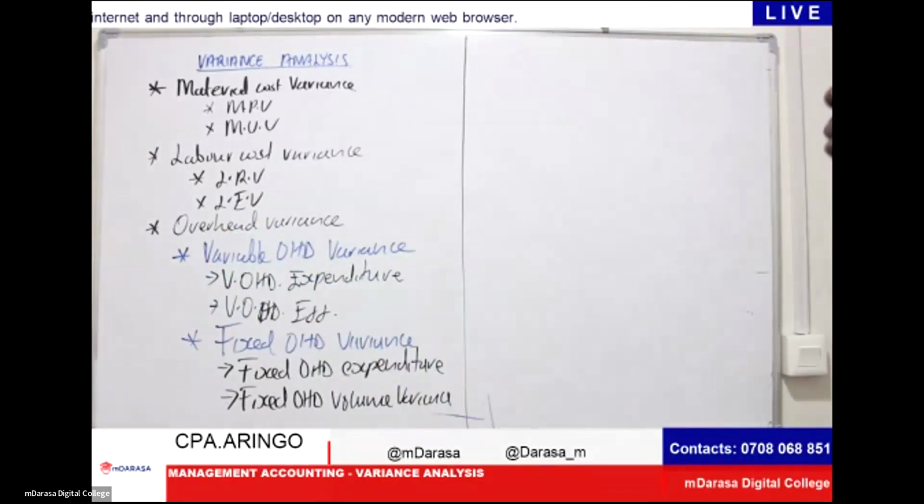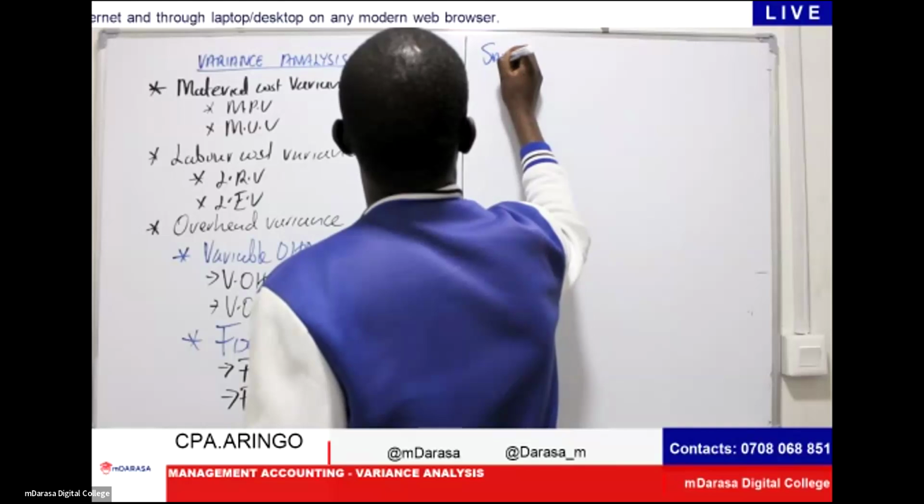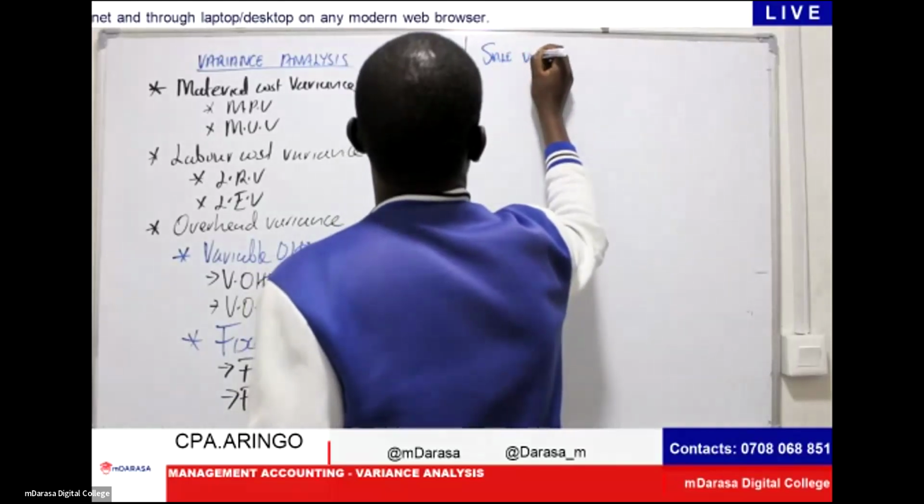And where we are supposed to start from is the sales variances.